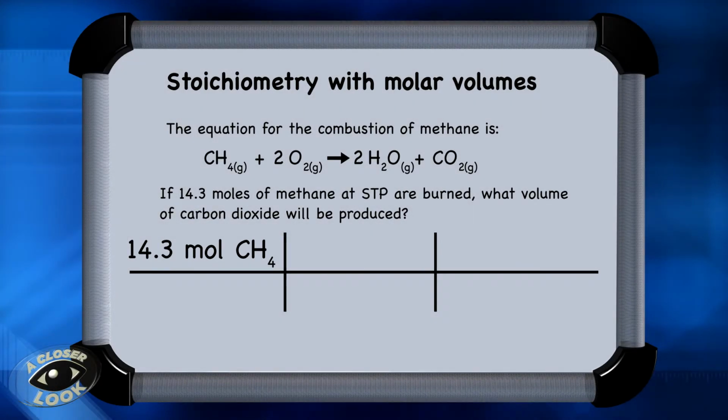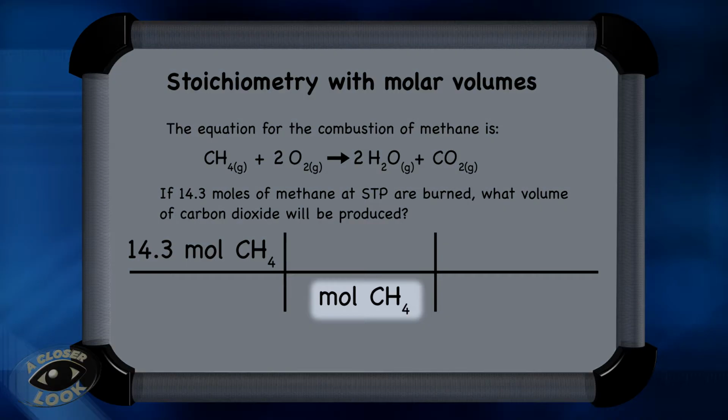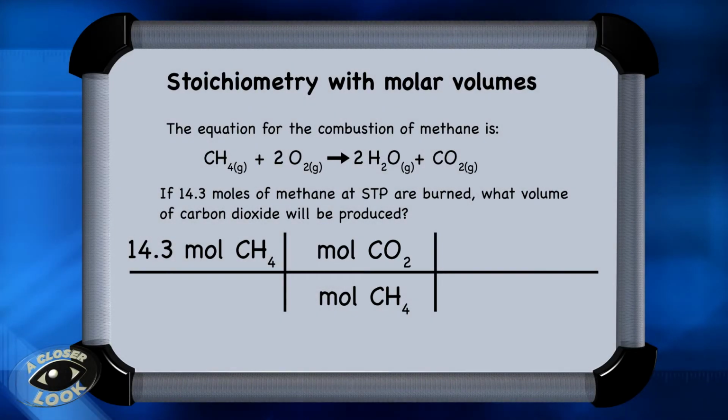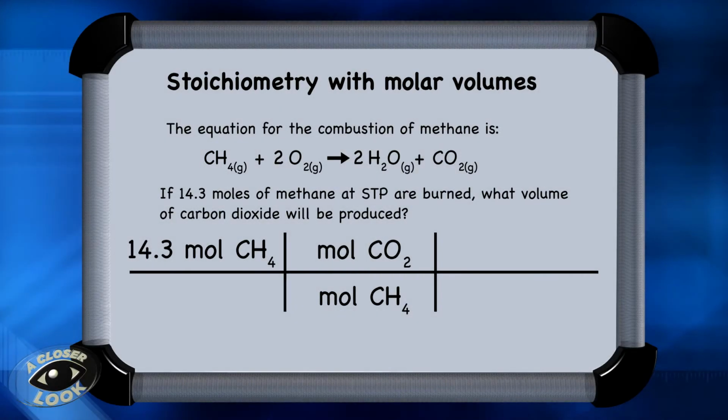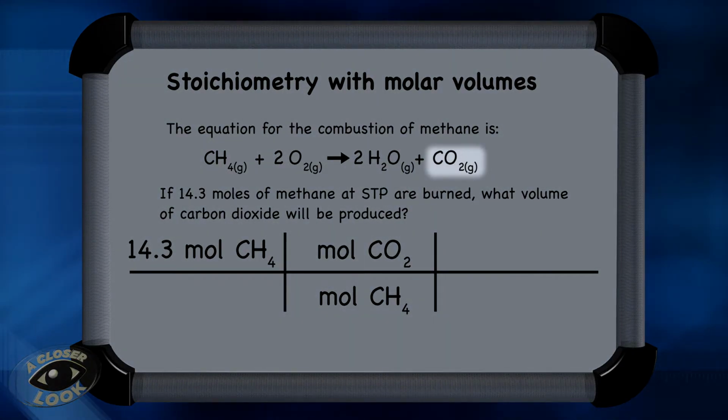Bring the units down, in this case moles of methane, and in this problem we want to get from moles of methane to moles of carbon dioxide. And notice in the balanced equation there's an understood 1 in front of methane and an understood 1 in front of carbon dioxide, so you put a 1 here and here.